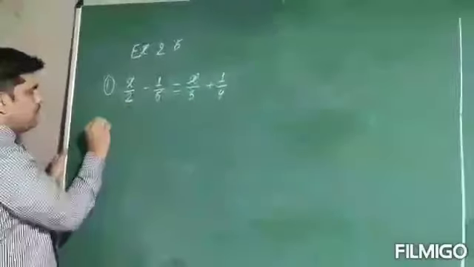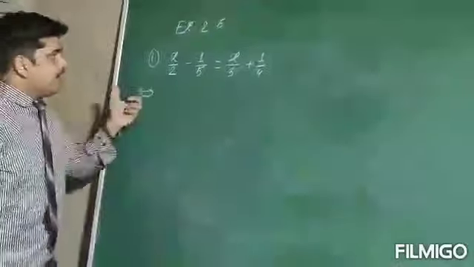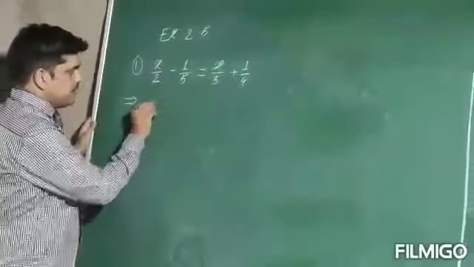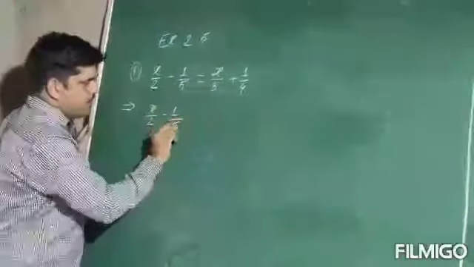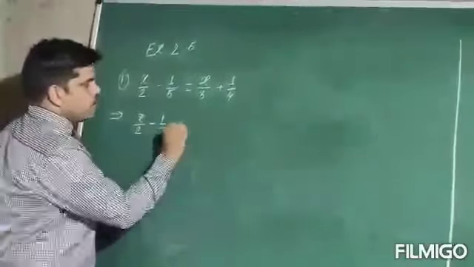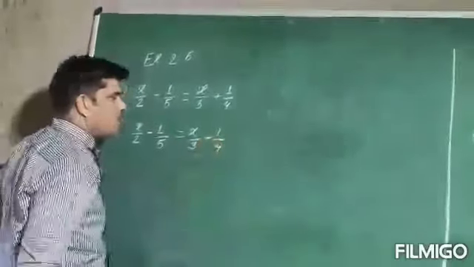This is the first sum from exercise 2.5. In LHS, x upon 2, I will write as it is in the answer, minus 1 upon 5 is equal to x upon 3 plus 1 upon 4.